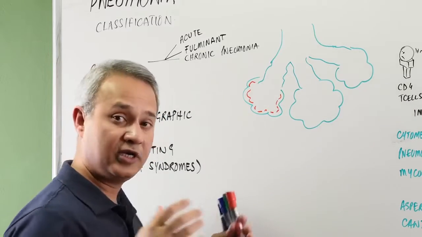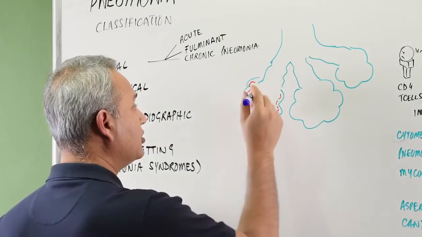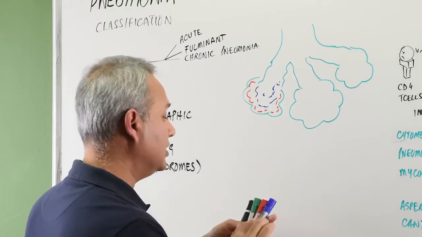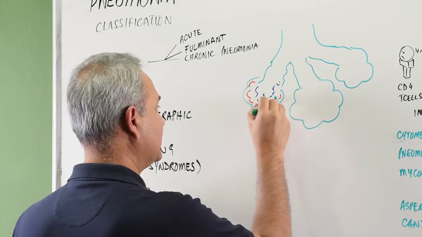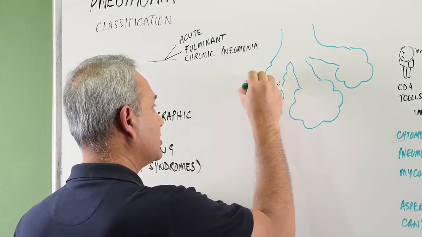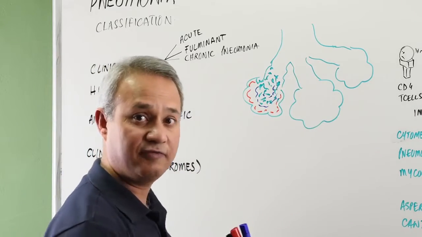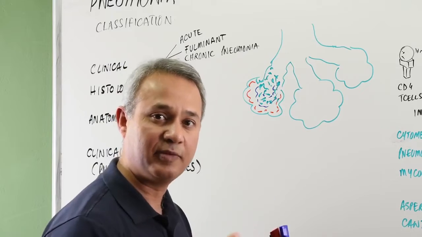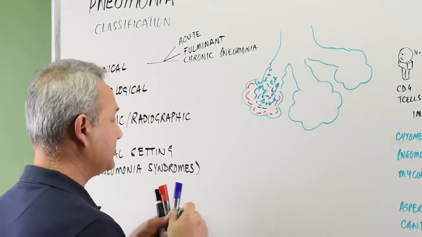Inside the alveoli, one histological picture is that we have lots of fibrin, fibrinopurulent exudate, pus is present, fibrinopurulent consolidation of the lung alveoli is present. So the alveolus is filled with pus and fibrin and other inflammatory proteins and cells.